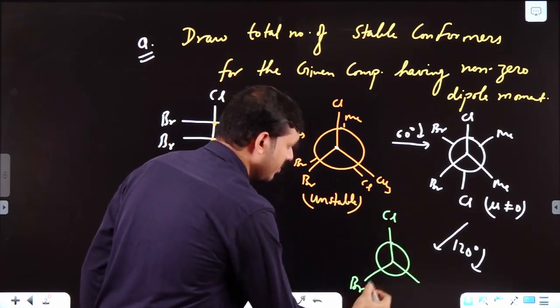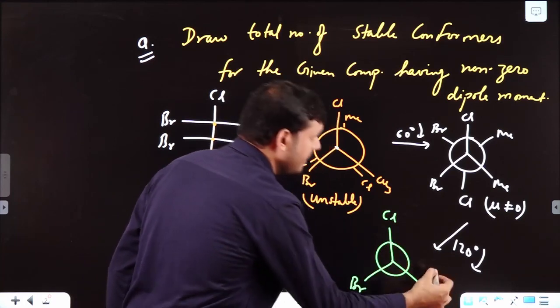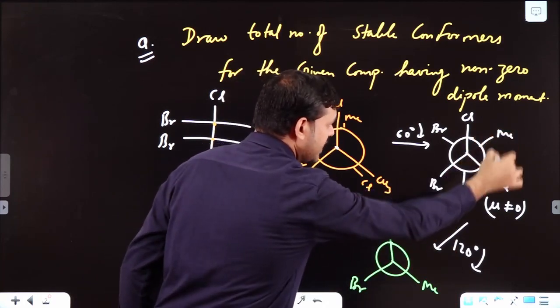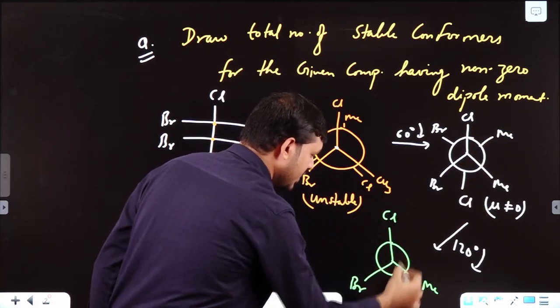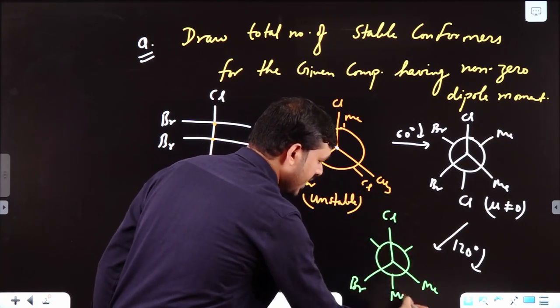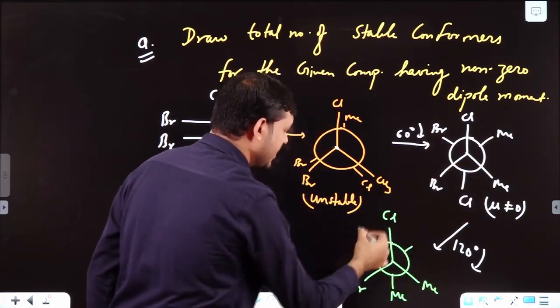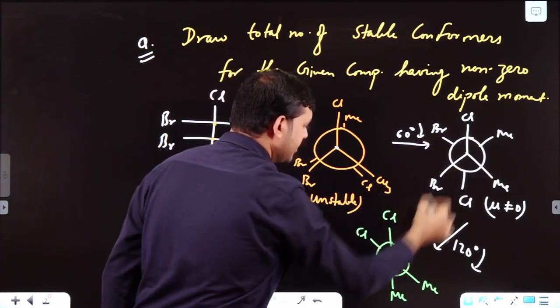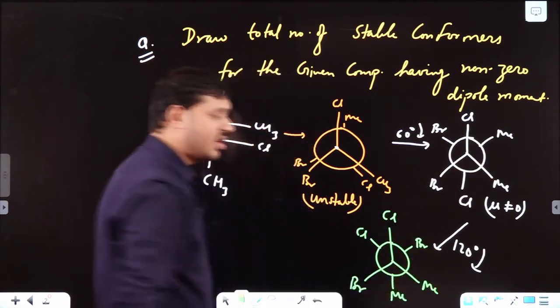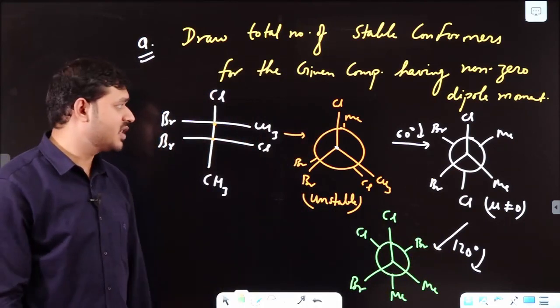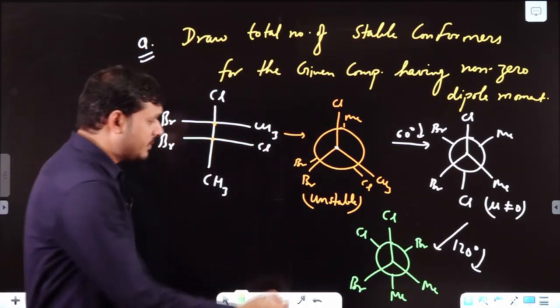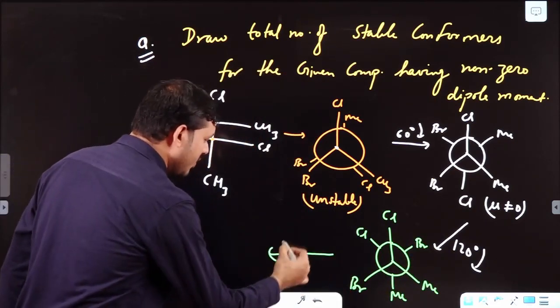Chlorine, bromine, methyl. Now this methyl 120, 60 here, 60 here. This methyl comes here. Okay. Then this chlorine comes this side and then bromine comes this side. On rotating it 120 degree. Clear to you? Okay.